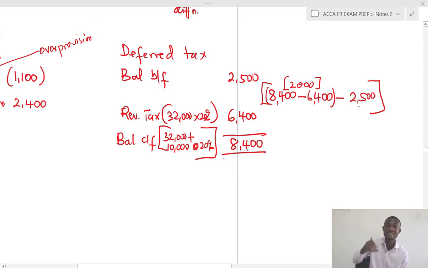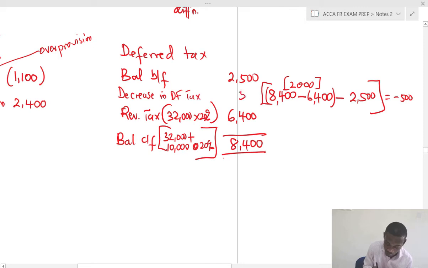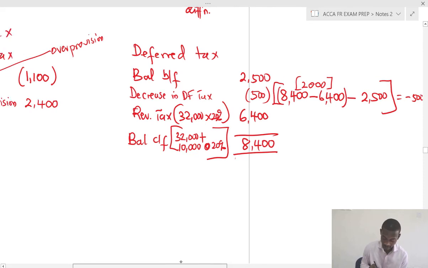So I'll say decrease in deferred tax, and that is 500, and the decrease is a deduction here. So I'll have the net. So look at it, it's 2,400 minus 1,100 minus 500. This will give us 800, and this will be the current tax expense.